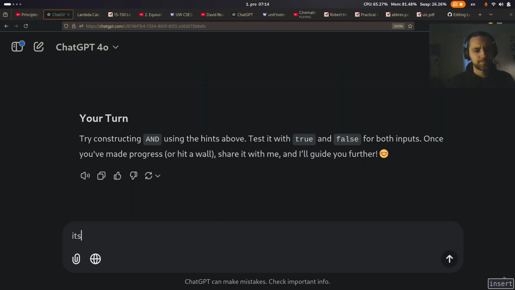I'm so stuck because I can't use conditionals, because we have no conditionals yet.